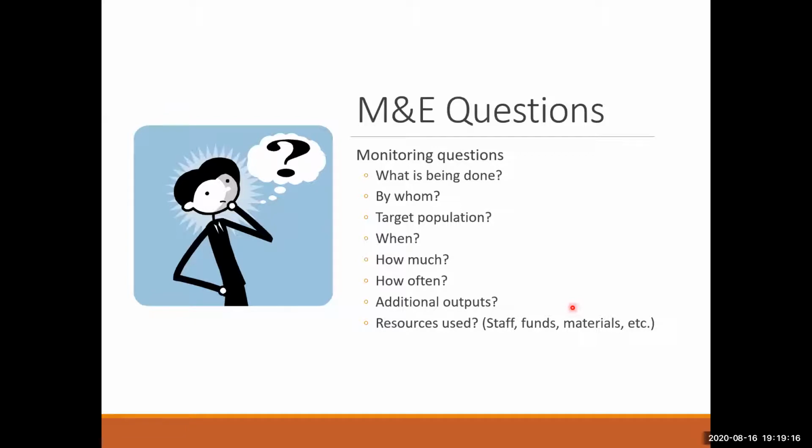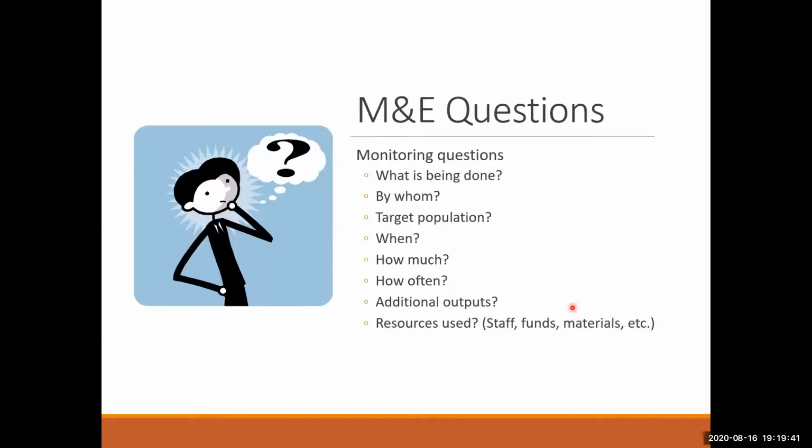So your monitoring question, if you are doing the monitoring, your first question is, what is being done? What does that mean? The activity. By whom? For example, field staff.